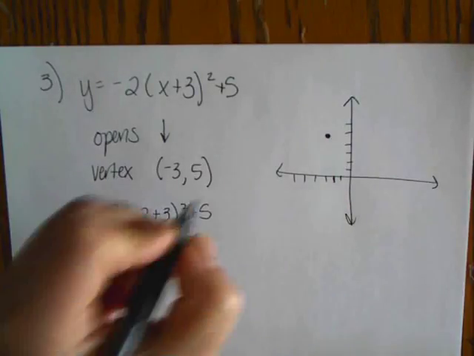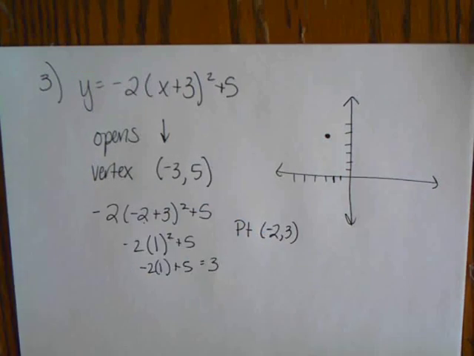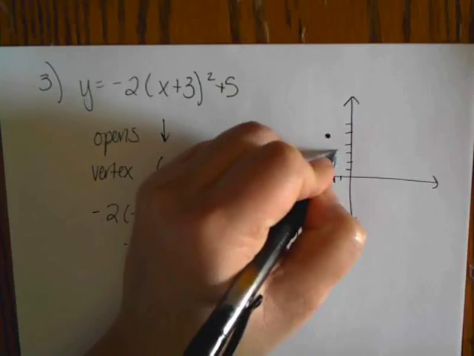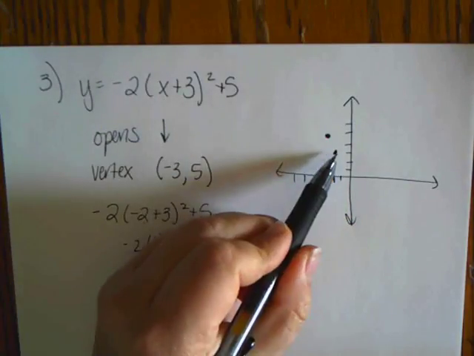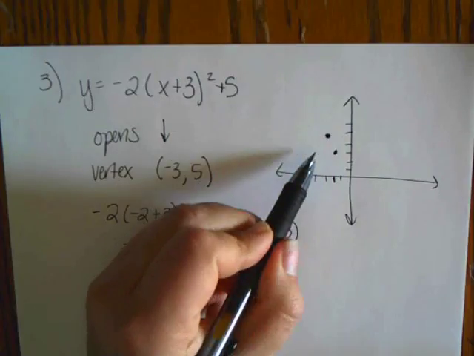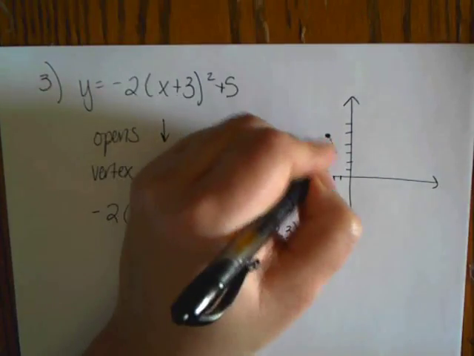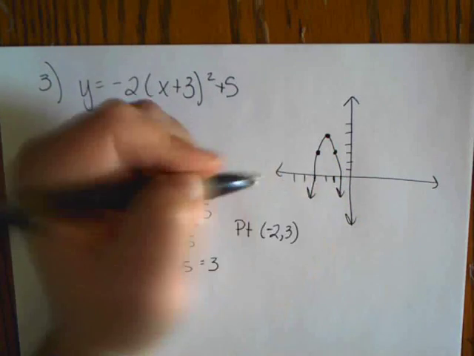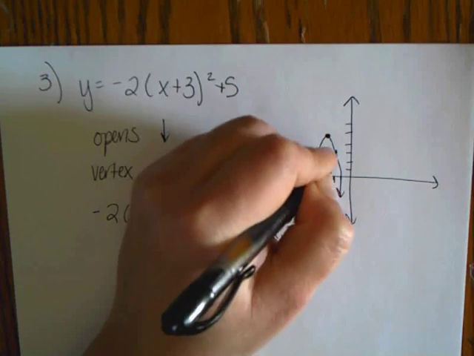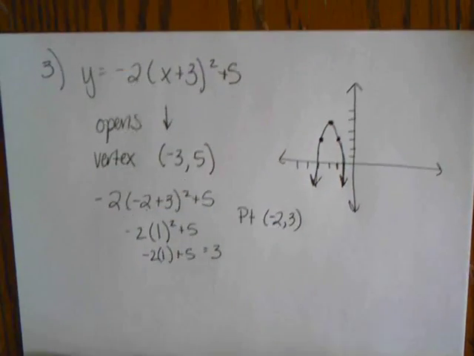So there is a point at negative 2, 3, which is there. And if there's a point at negative 2, 3, and the vertex is negative 3, then at negative 4, it's also at a height of 3 due to symmetry alone. And that is enough to get a rough drawing of your parabola. And that's what you'll be expected to do.